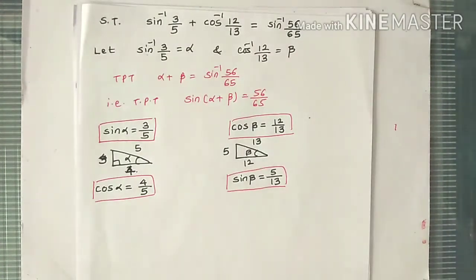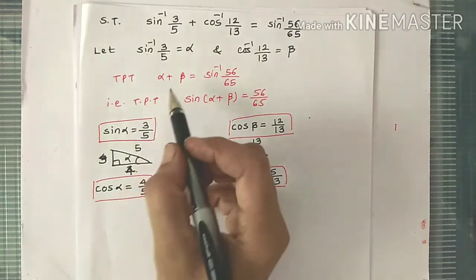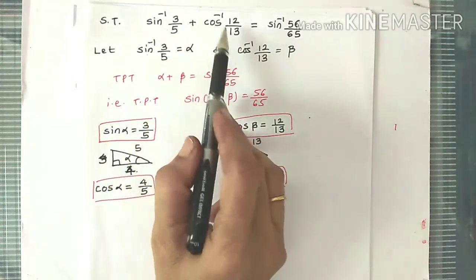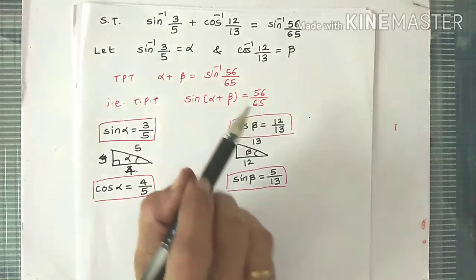Let's solve one more question of this type. Show that sin inverse of 3 by 5 plus cos inverse of 12 by 13 equal to sin inverse of 56 upon 65. As it is the same type of question, I have written half of the answer here. So let's see what the answer is. Let this value be alpha and let cos inverse of 12 by 13 be beta.